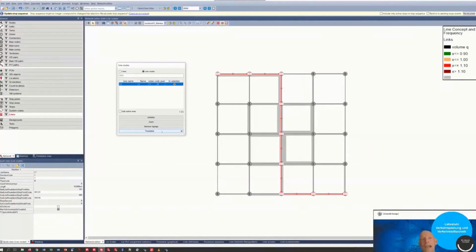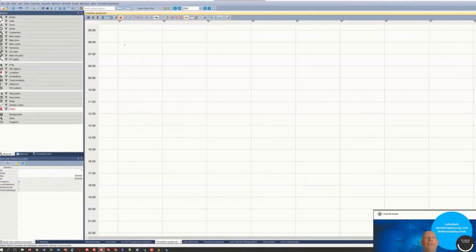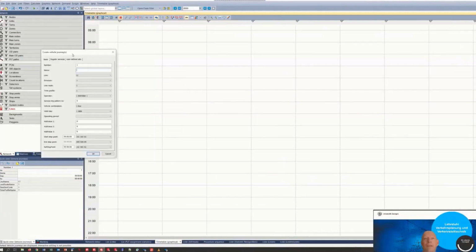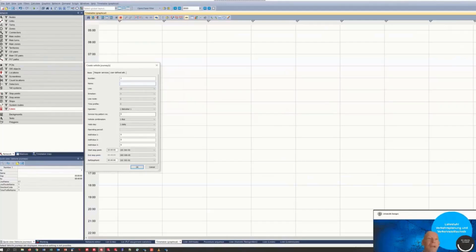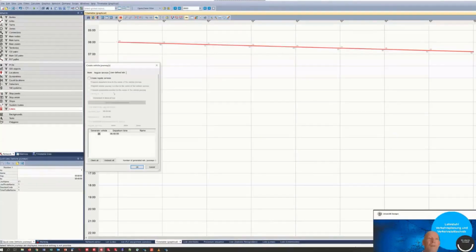Now I'm going to add the timetable. So you see, I need to do work. It would be nicer if a computer could do that for me. Now I create vehicle journeys. I have an empty timetable here, and I say, okay, I'll start at 6 o'clock in the morning, and I want to have some type of regular service.